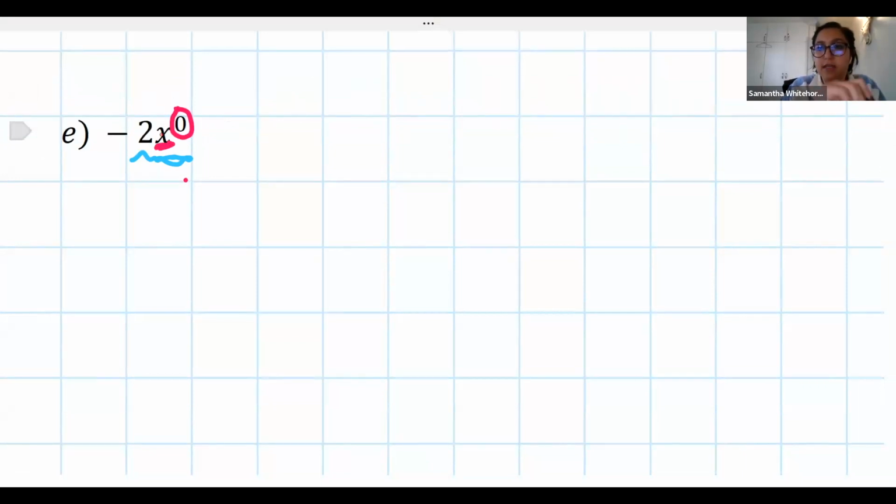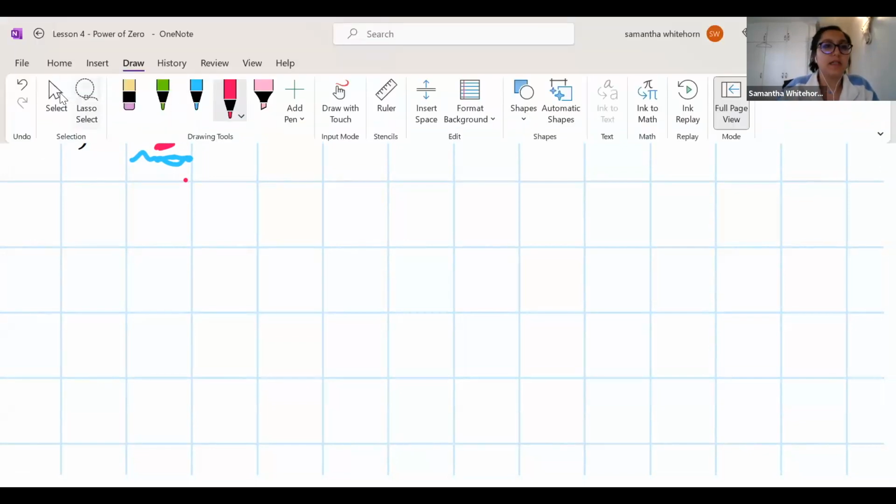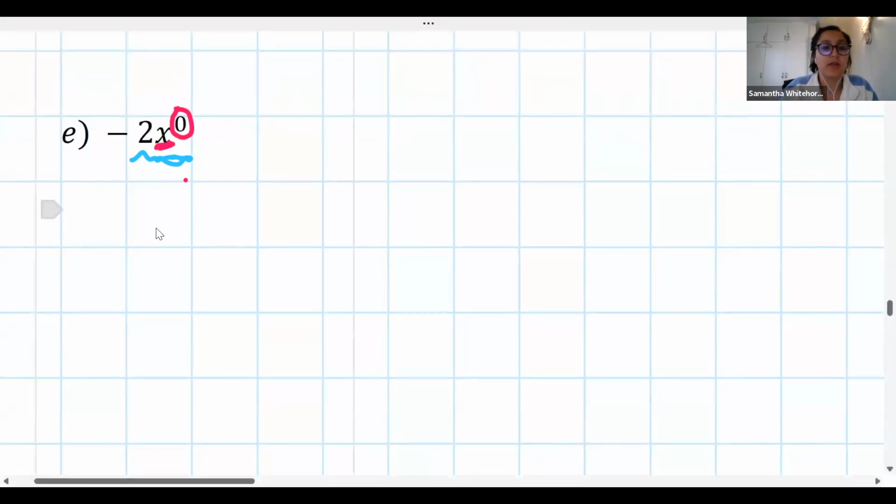If there's a bracket, then we would distribute. But because there's no bracket here, I cannot apply that 0 to the -2 there because it isn't being affected by that exponent. So what that means is, much like in the last question, we're still going to have the -2, but we know that x to the power of 0 becomes 1. And as I've just explained, -2 times 1 is -2.